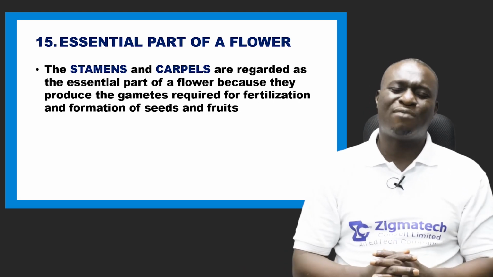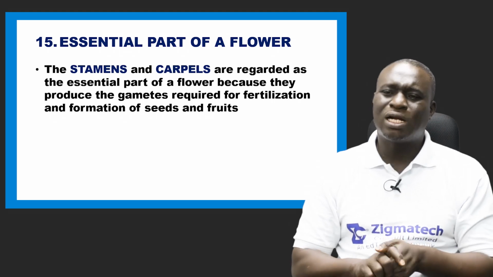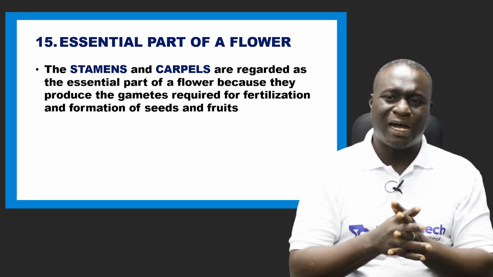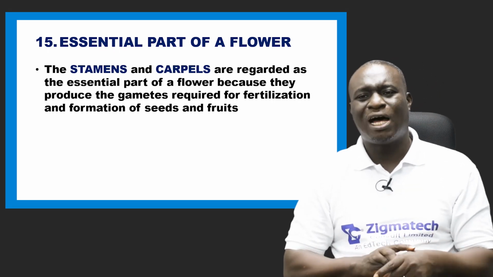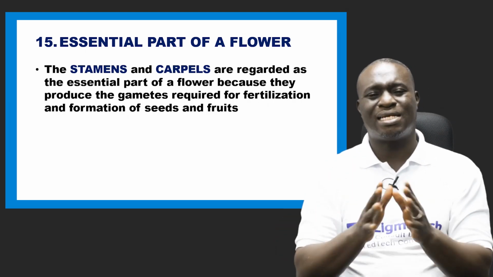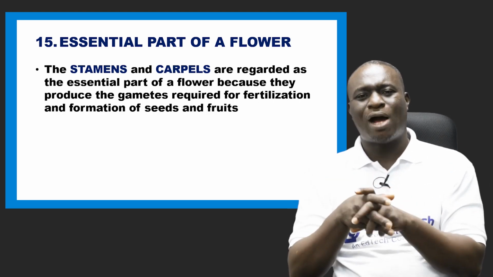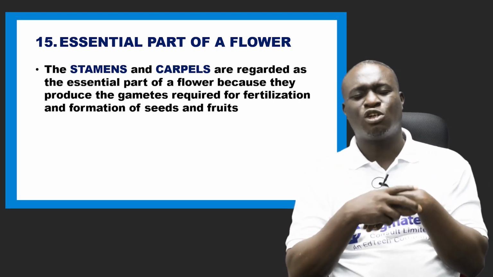And then we also have what we call the essential part of a flower. Now, what are the essential parts of the flower? The essential parts of the flower are the stamens and the carpels. Now, why are they actually referred to as the essential part of the flower?